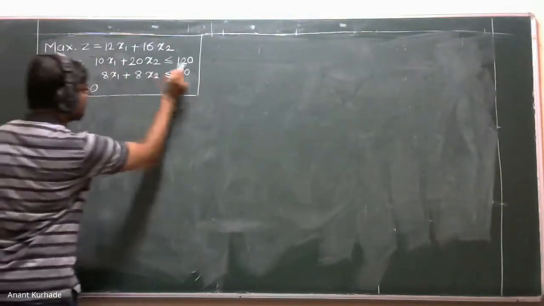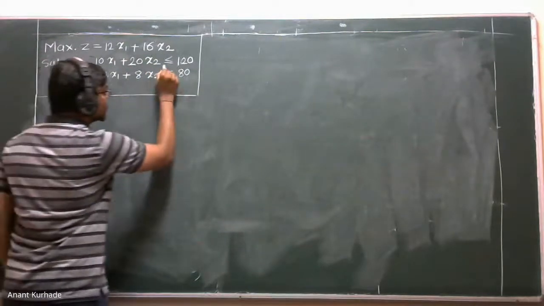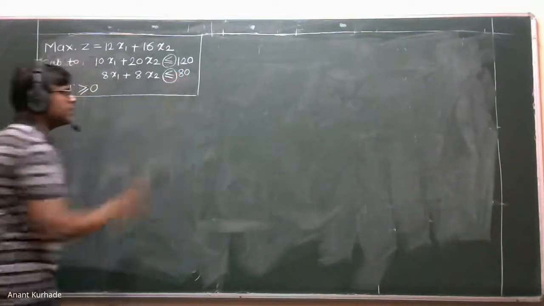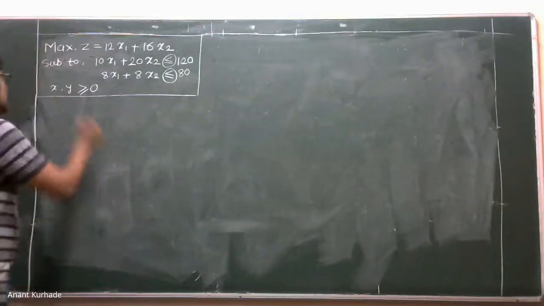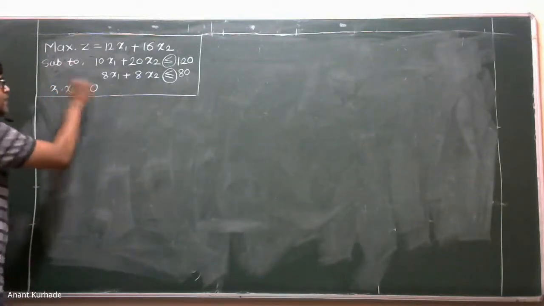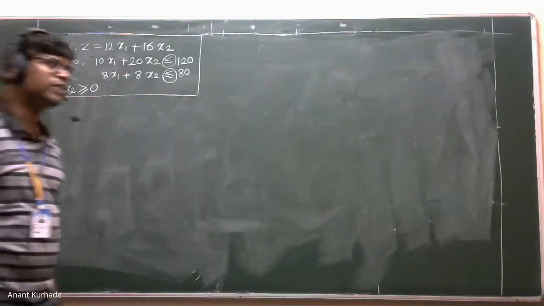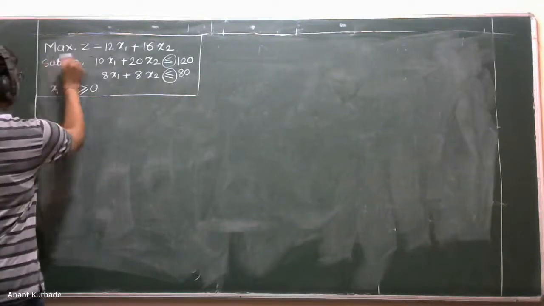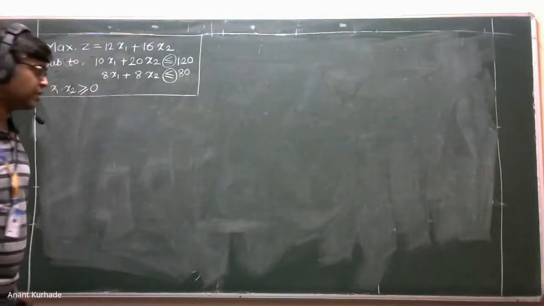Subject to these limitations, and remember, we always have to focus on these two things: the inequality sign, and last, x1 and x2 are always greater than or equal to 0. Now, in the simplex method the problem is maximization.